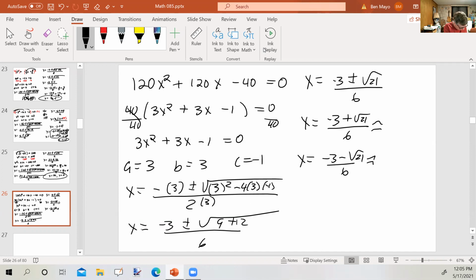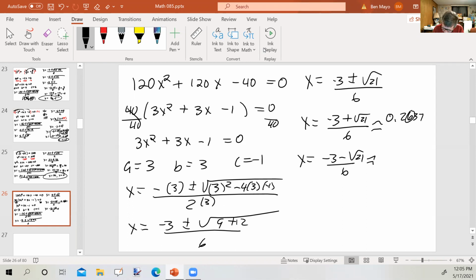And so again, going to the calculator, the top one, let's see, parentheses, -3 plus the square root of 21, close up the square root, close up the entire numerator, divided by 6, 0.2637.